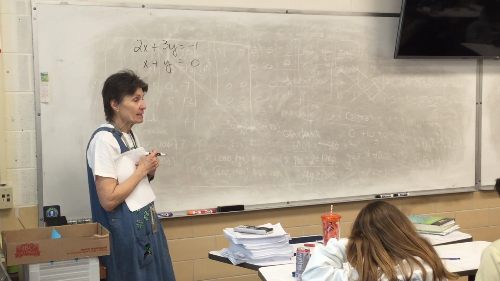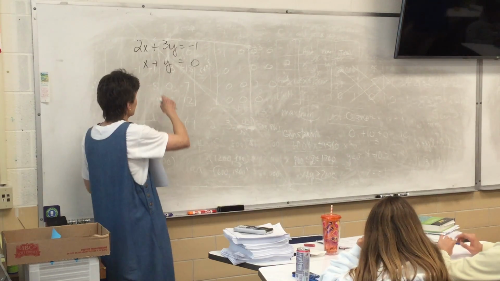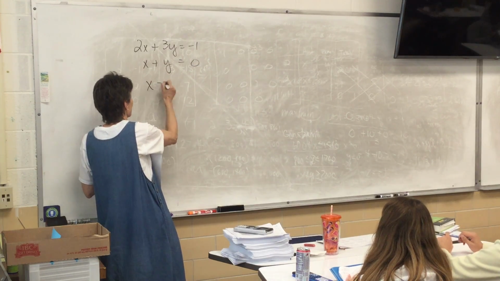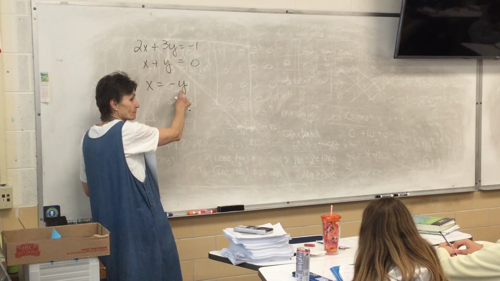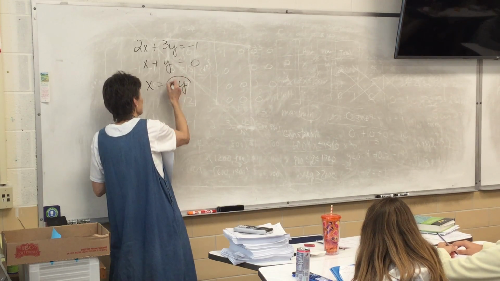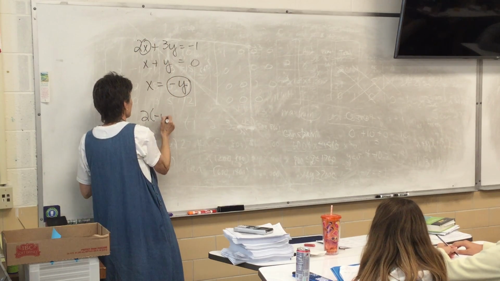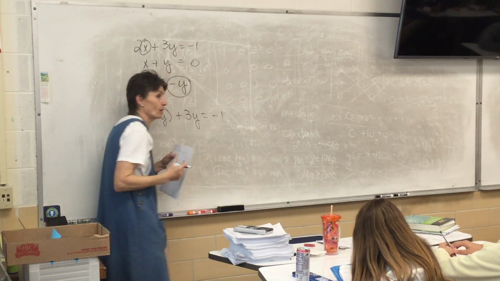Well, we're going to plug something in, but first we have to get a letter by itself. And it really doesn't matter in this case. Both of these are easy, so I'll just say x equals -y. Is that okay? And then I'm going to take this and plug it in for x. So 2 times -y plus 3y equals -1.